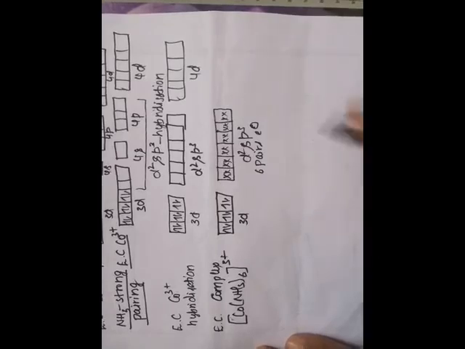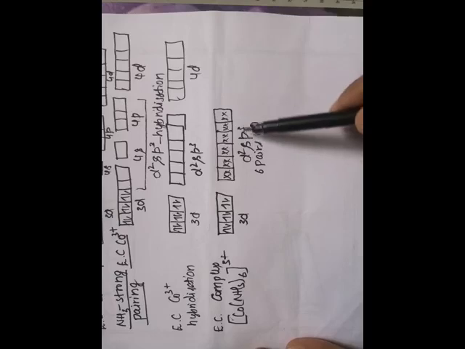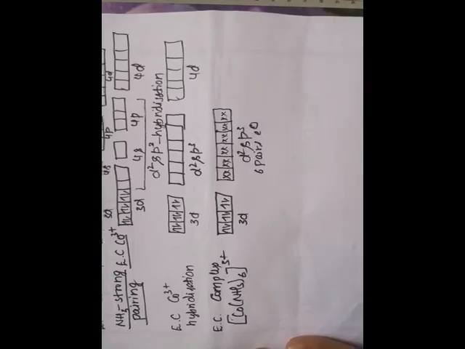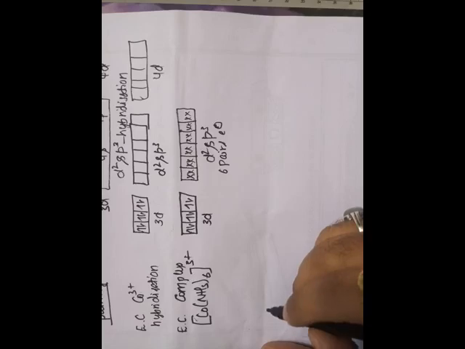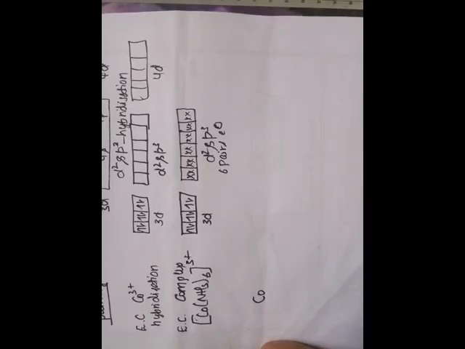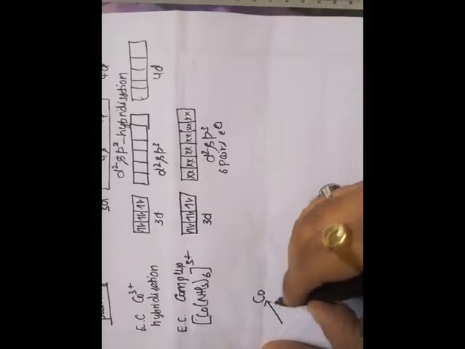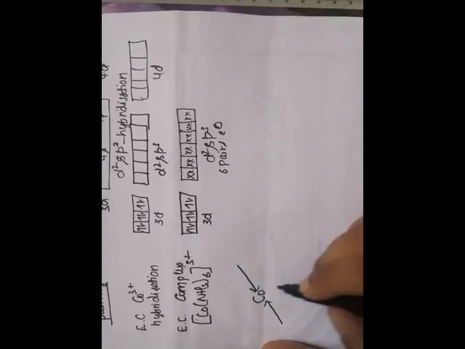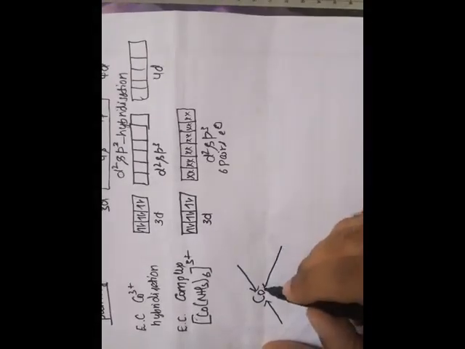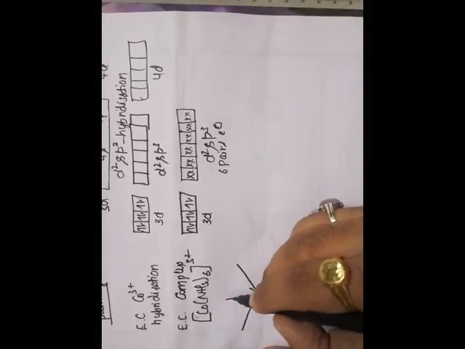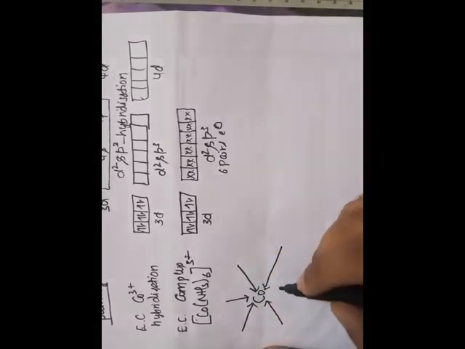Now coming to the geometry of the complex. These 6 hybrid orbitals will be directed towards the 6 corners of a regular octahedron. Cobalt will be present at the center, and these are the coordinate bonds.